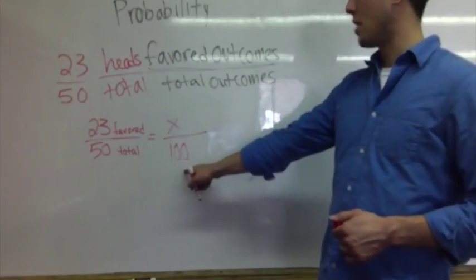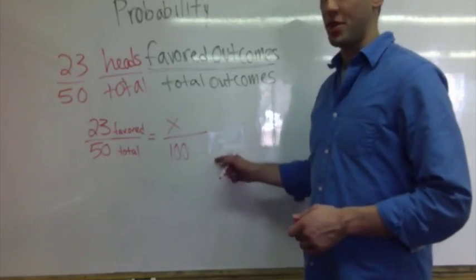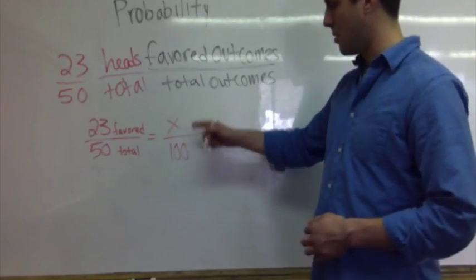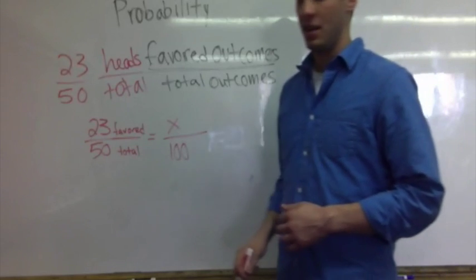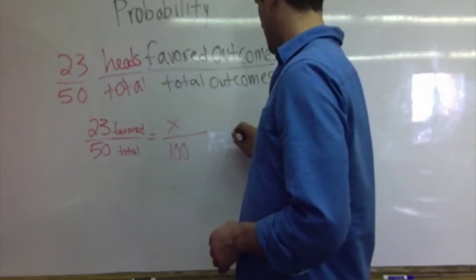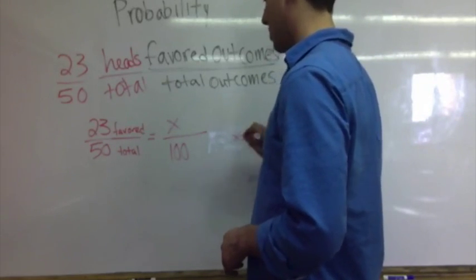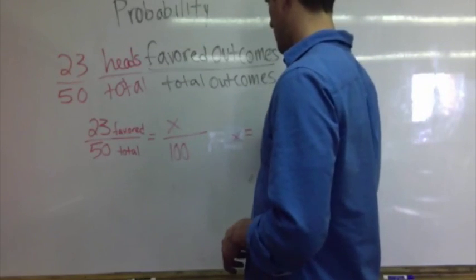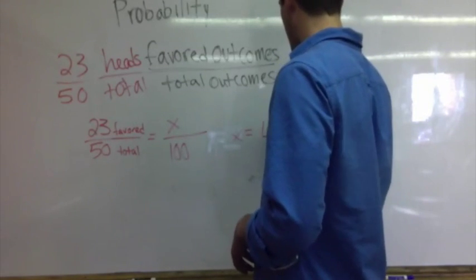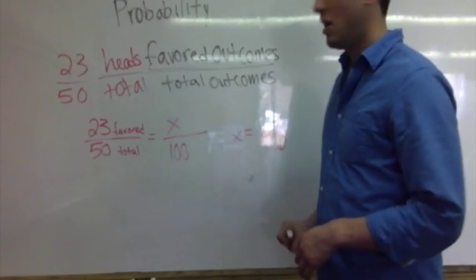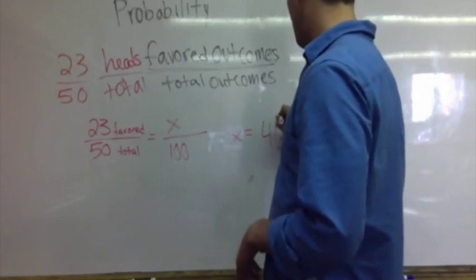This probability problem, or this proportions problem, will give us the number over 100, or the percent. And in this situation, x equals 46, or 46%.